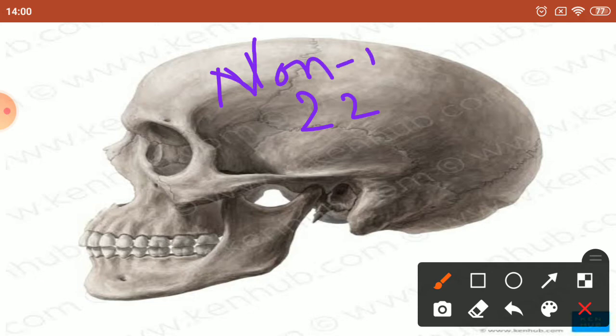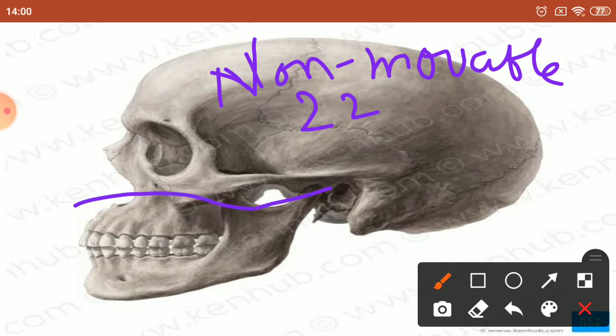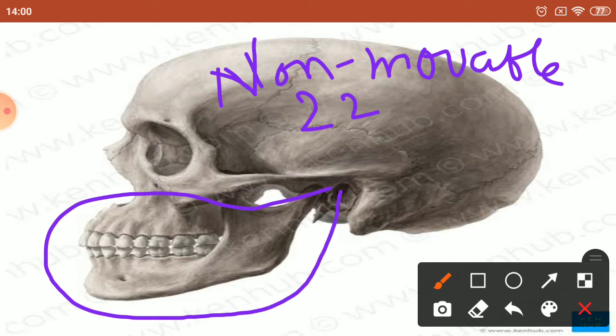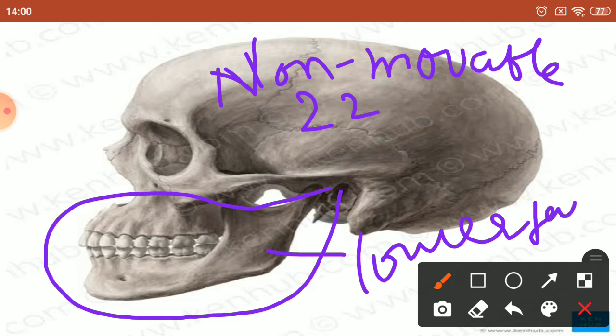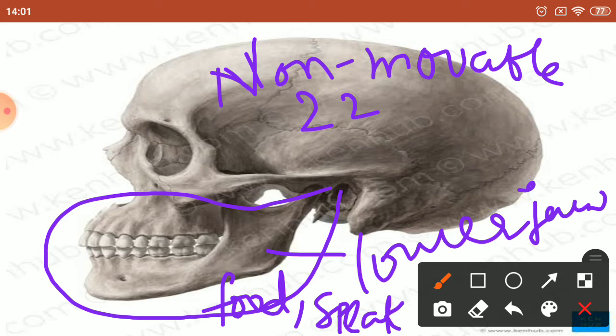The skull is a part where you see non-movable joints, but only the lower jaw bone is the single movable bone in our skull. It is helpful in taking food and chewing the food, and even this lower jaw bone is helpful in speaking.